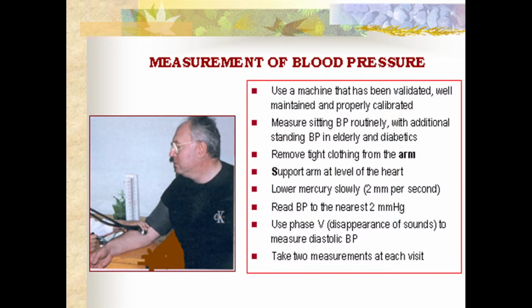And you can measure blood pressure sitting routinely, with additional standing blood pressure in elderly patients and diabetics. You should remember that in diabetic and elderly patients, orthostatic hypertension can be present. And there are some other very important rules. We have to follow all these rules not to become mistaken.